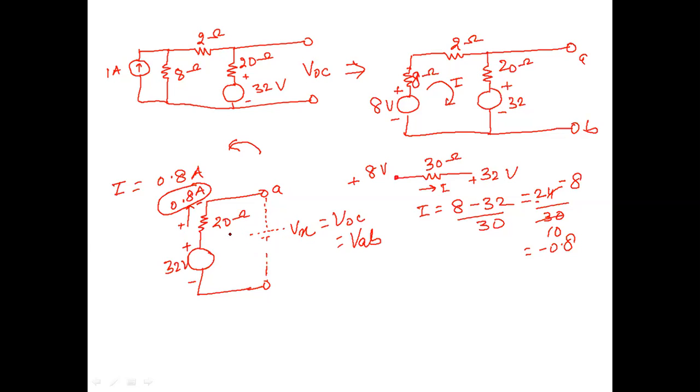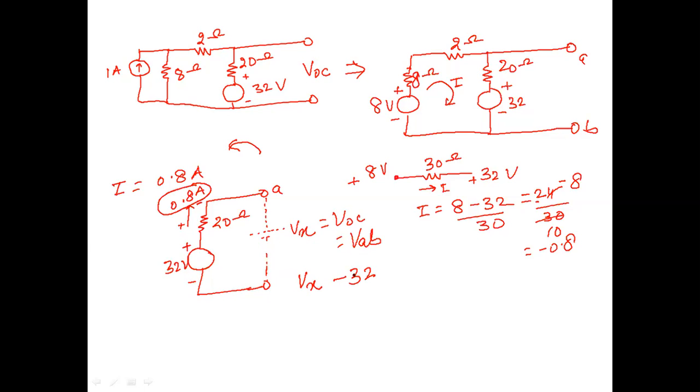So in this case, we go for a closed loop and apply Kirchhoff voltage law. Start from any place. I am starting from here and going to here. So the positive terminal, first we encounter the positive terminal, so you write positive Vx. Then I am coming here and going here. Then we meet negative first, so you write negative.